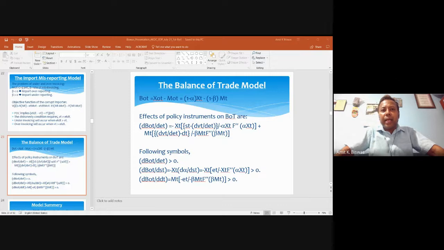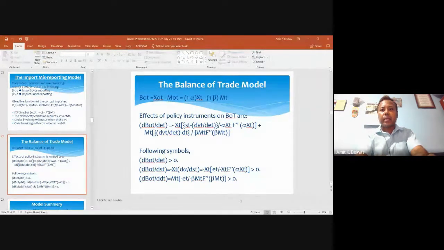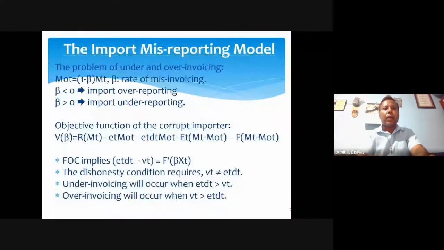If small e, the exchange rate, goes up, go to the previous slide. That would make that thing clear. What would happen in this case if small e goes up? Should beta go up or go down?